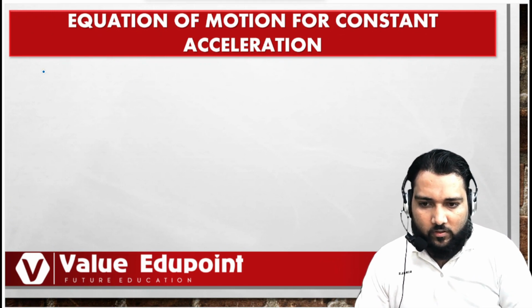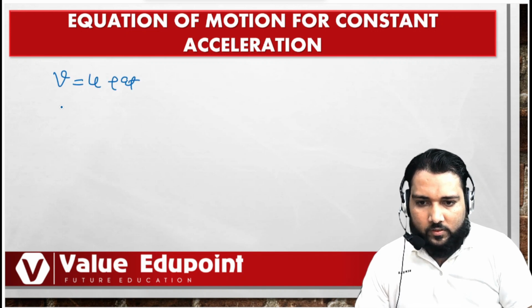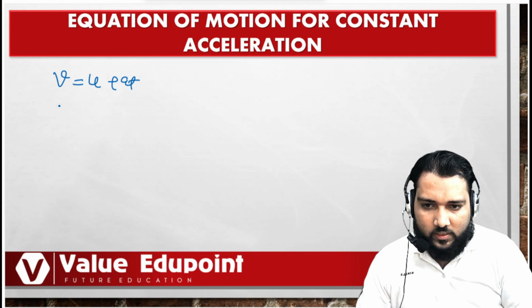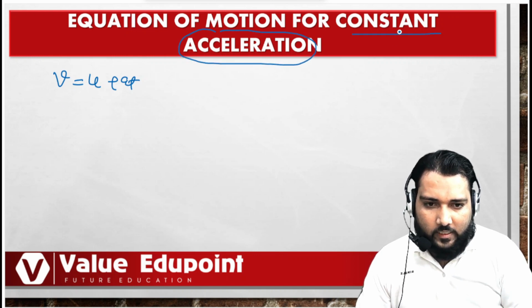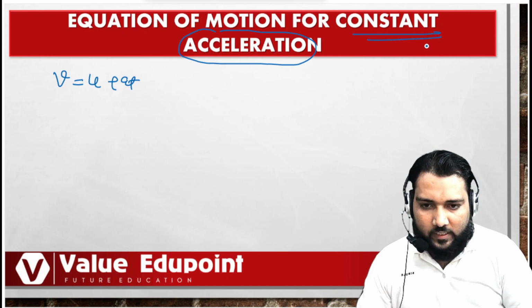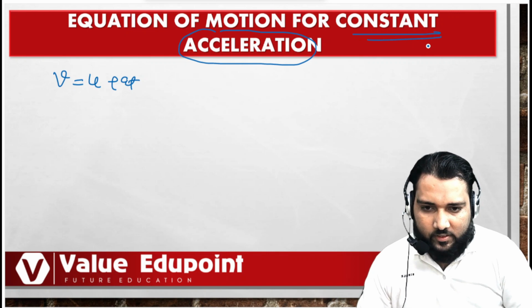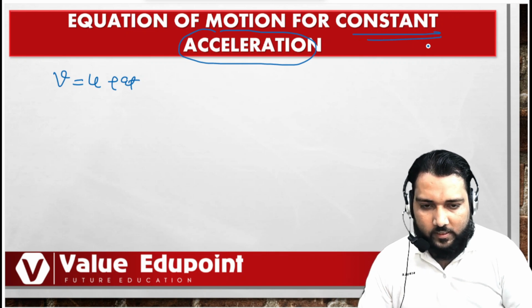Okay, so we already know the three equations. The first is v equals u plus at. Always use this equation when the acceleration is constant. The earlier equations are valid whether acceleration is constant, zero, increasing or decreasing, it doesn't matter.